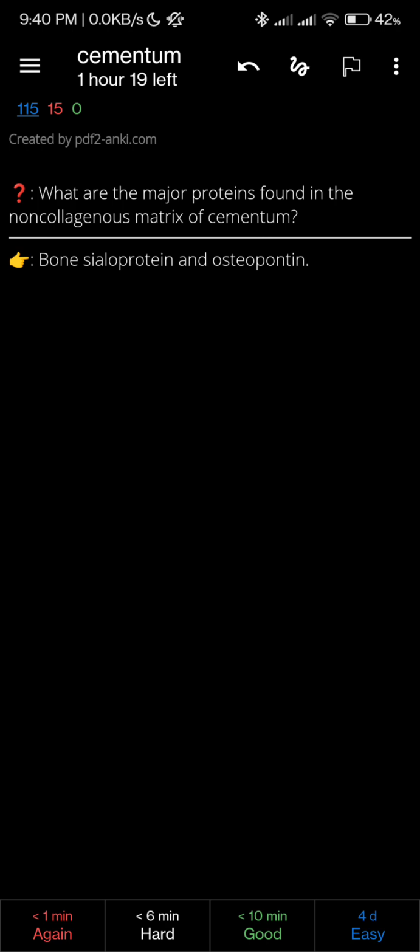Bone sialoprotein and osteopontin are the major proteins found in the non-collagenous matrix of cementum.